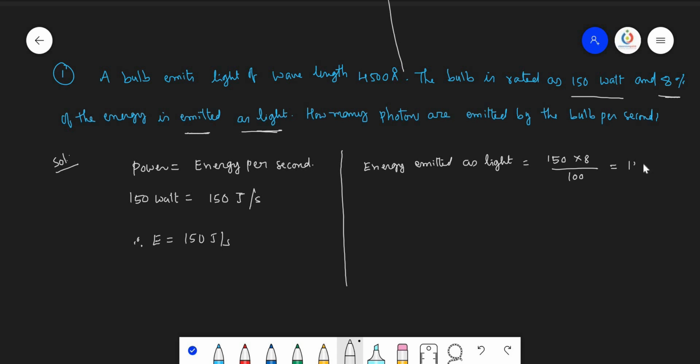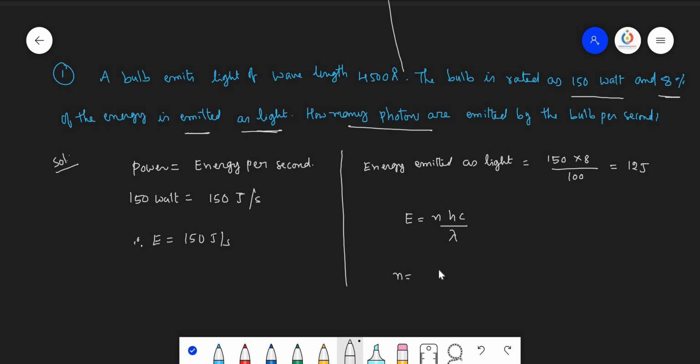So, here we will get only 12 joules of energy emitted from the bulb as light. Now, we know that energy E equals, and we need to calculate how many photons, so N h c by lambda, and we need to calculate the N value.